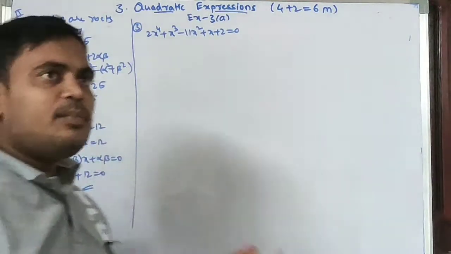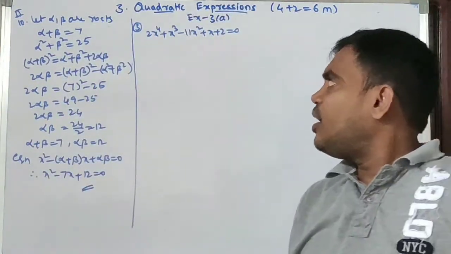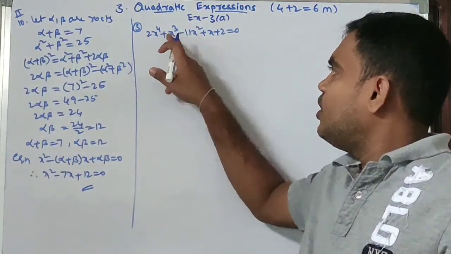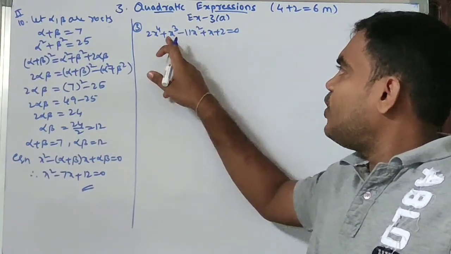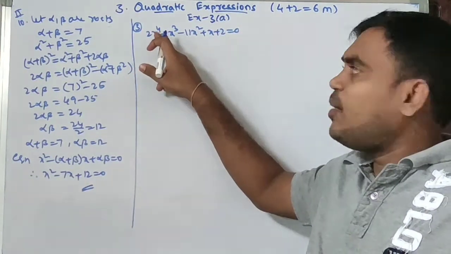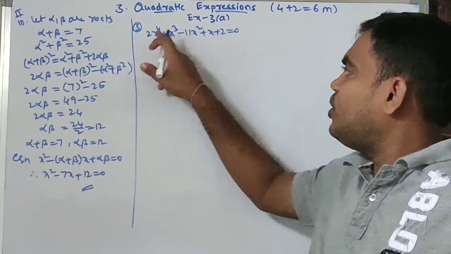I want to convert this biquadratic into quadratic. If we observe the coefficients of the powers, x power 4 coefficient 2, constant 2, x cube coefficient 1, x coefficient 1. So the coefficients from here to here are the same as from here to here.